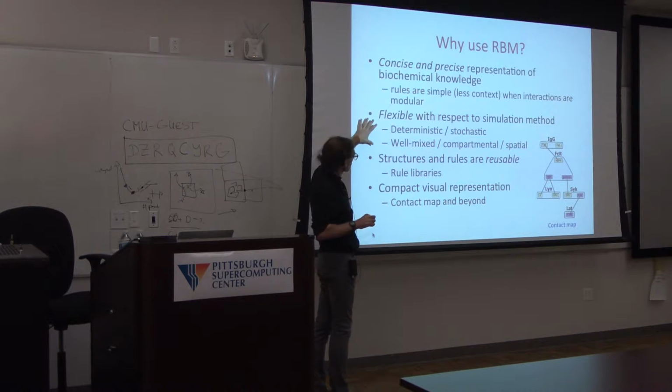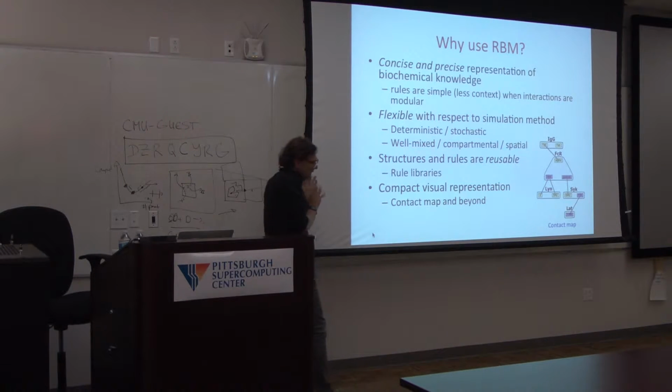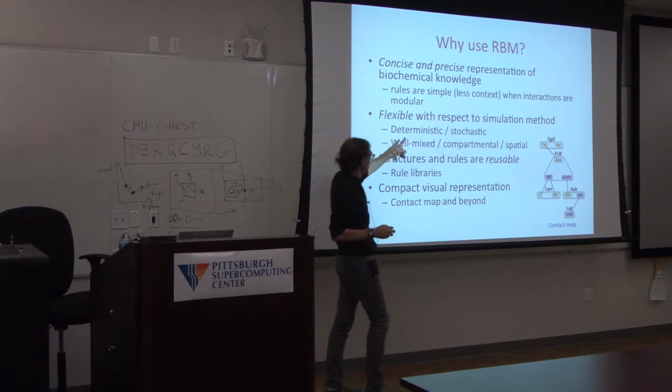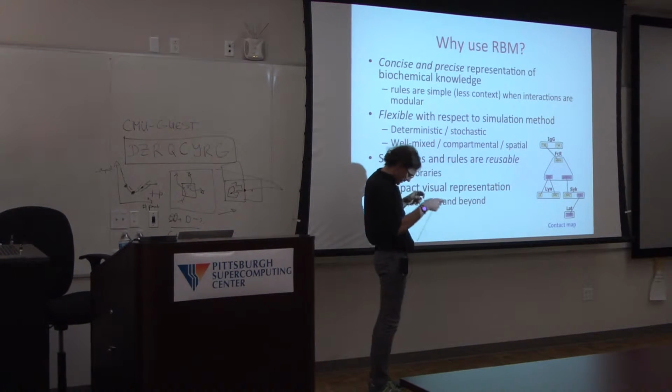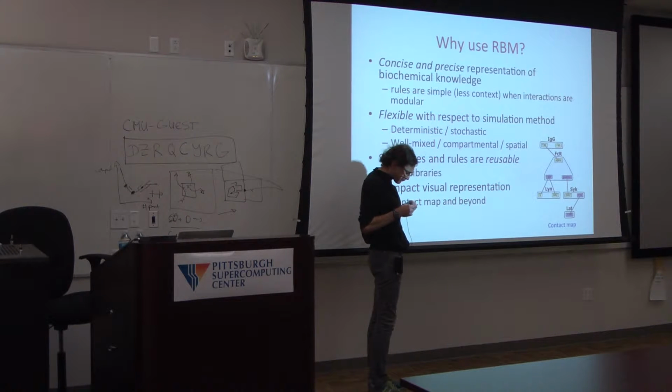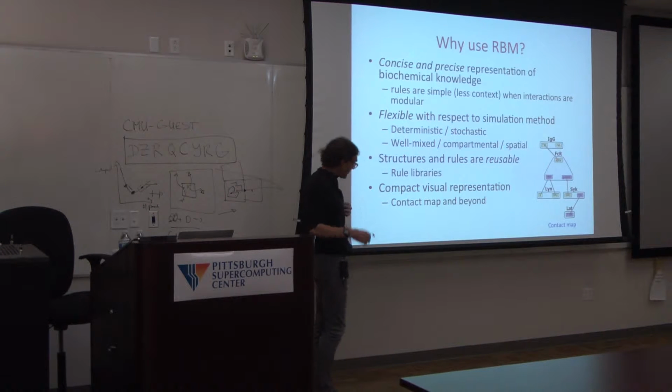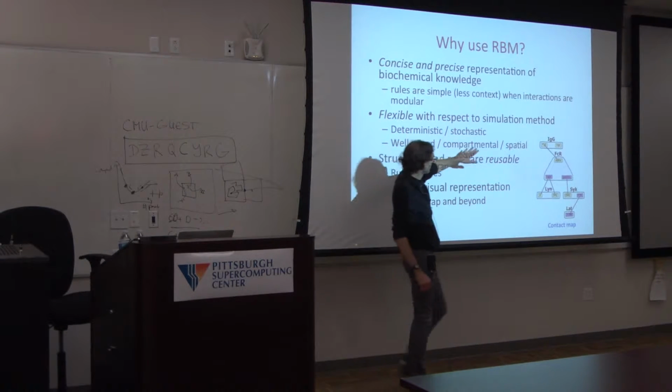We're going to talk shortly about the flexibility that when we specify this model in terms of rules, we're not specifying yet a way of simulating the model. We're not specifying, for example, whether our model description of this system is going to be deterministic or stochastic. We're not saying whether it's well-mixed or spatial, and so forth.